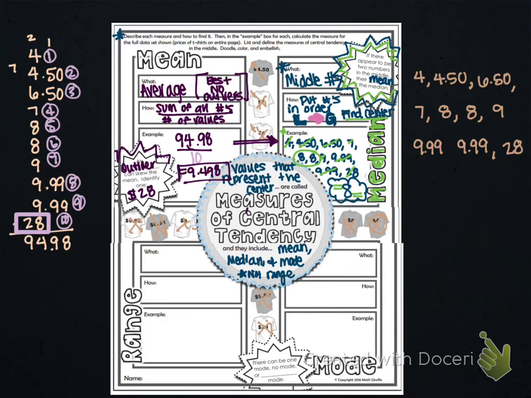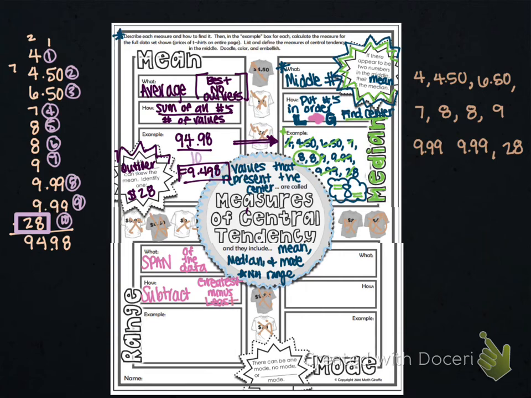Okay, so range is the span of the data. So how do we find the range? We are going to subtract. Okay, and so what are we subtracting? Greatest minus the least.